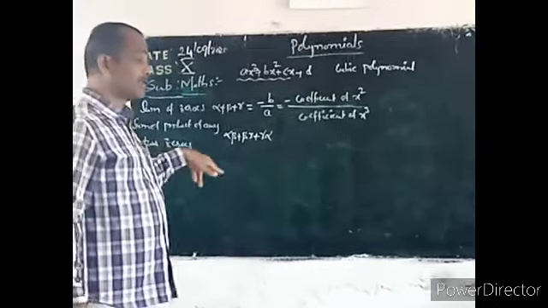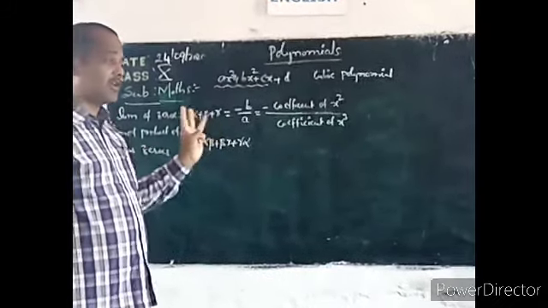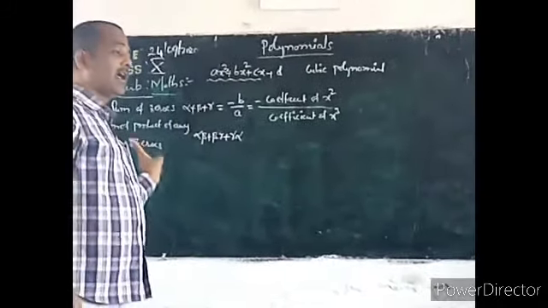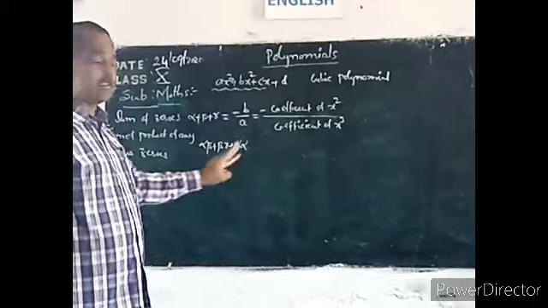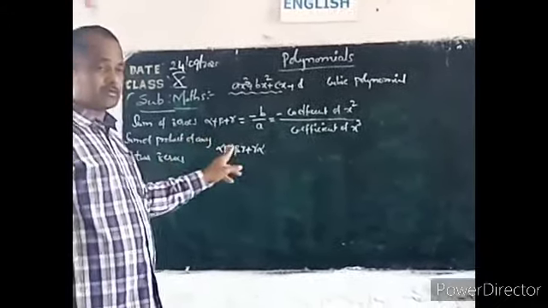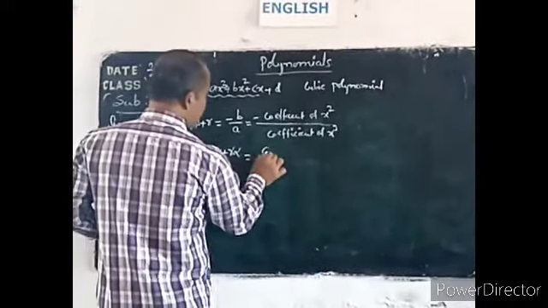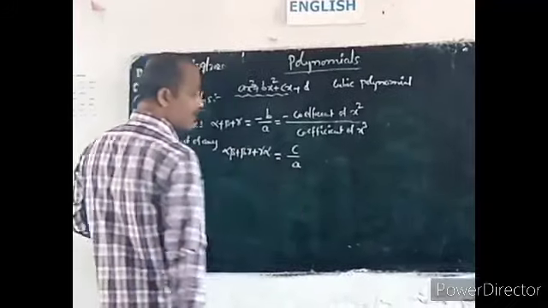Here we are getting three zeros. Of those three we multiply any two and add them. That's why it is the sum of the product of any two zeros. That is c by a.